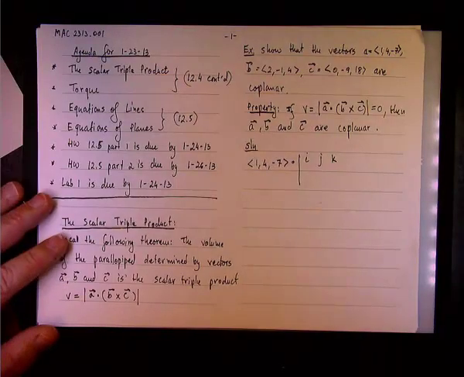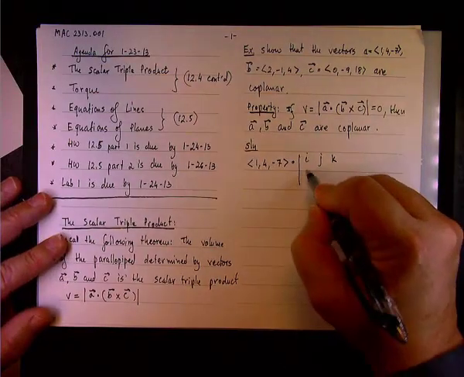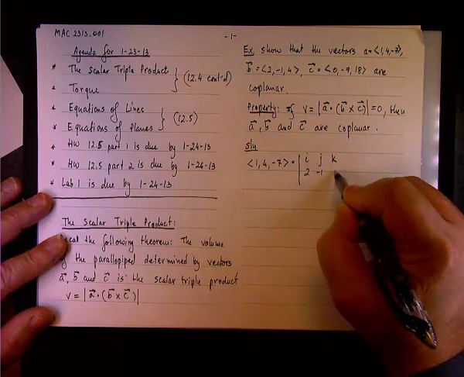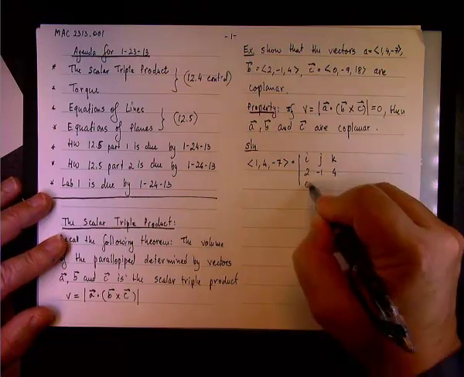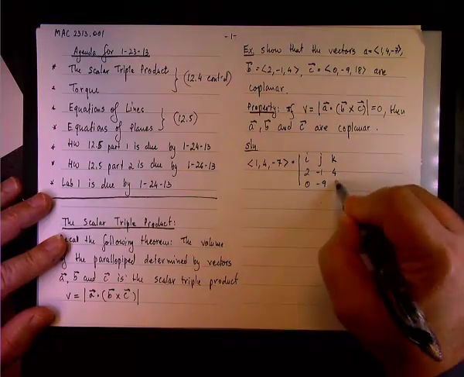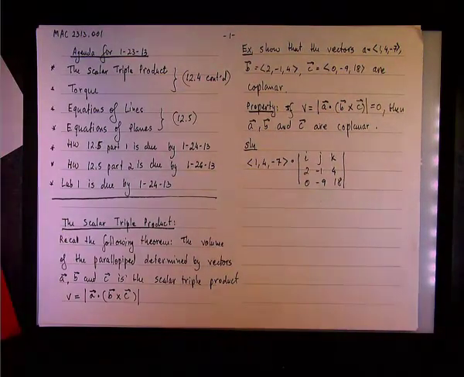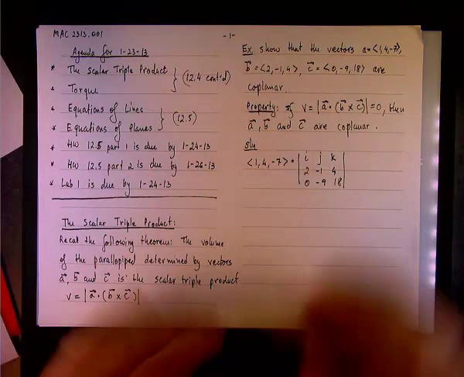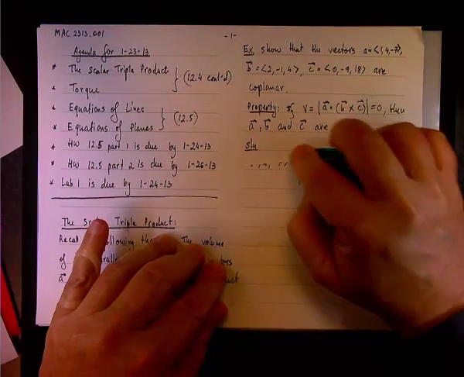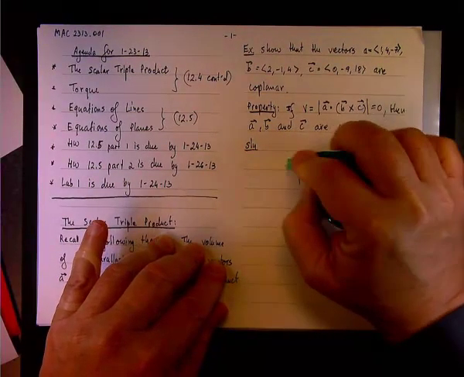And here we have the cross product. Remember how we do cross product? We have ijk, like so, and then B is 2, negative 1, and 4, and C is 0, negative 9, and 18, like so.